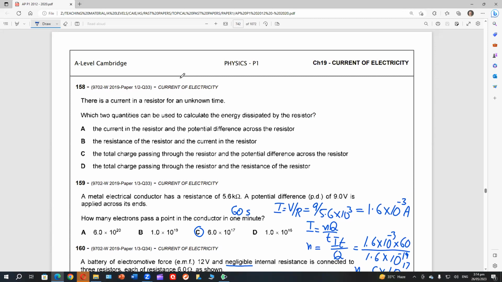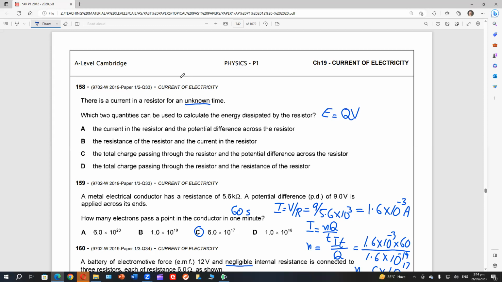Because time is unknown, I should take the formula energy is equal to Q into V, because other formulas apart from this one all contain time. So Q will be the charge and V will be the potential difference.